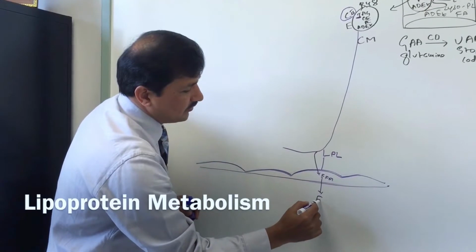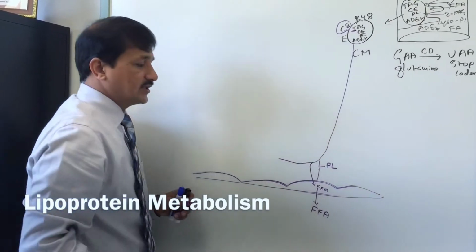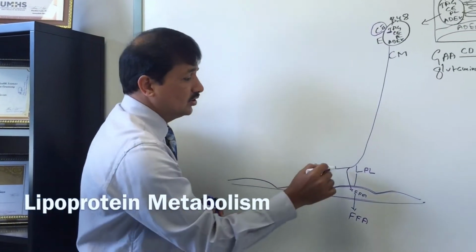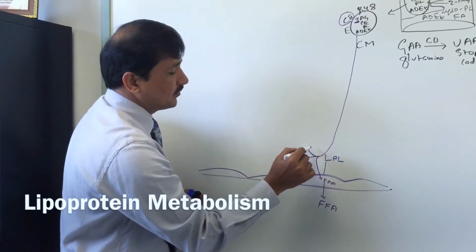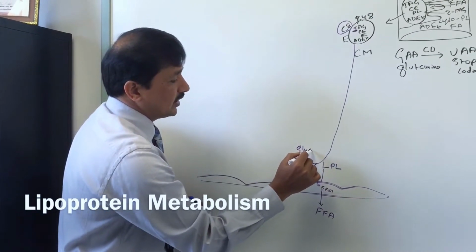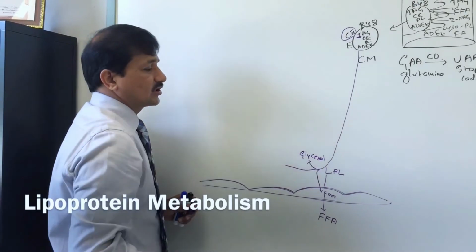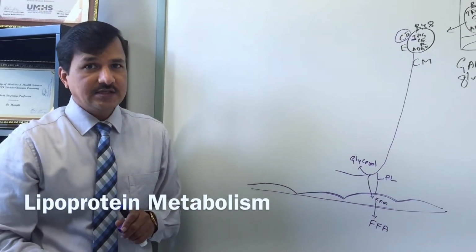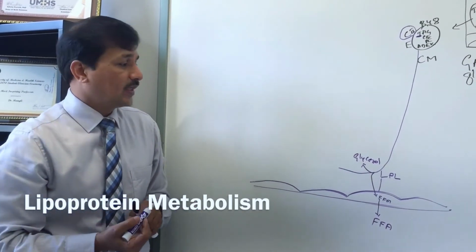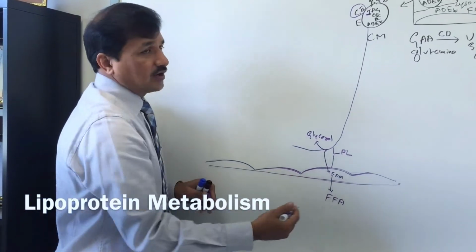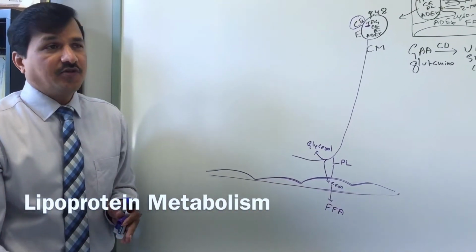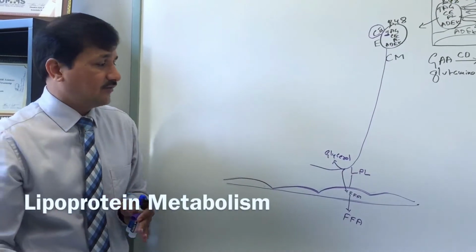Free fatty acid is getting into the peripheral tissue, and it also releases glycerol. So basically lipoprotein lipase is going to break down triacylglycerol into free fatty acid and glycerol. Free fatty acid will be used for whatever the needs of the peripheral tissue, for membrane formation and so on.